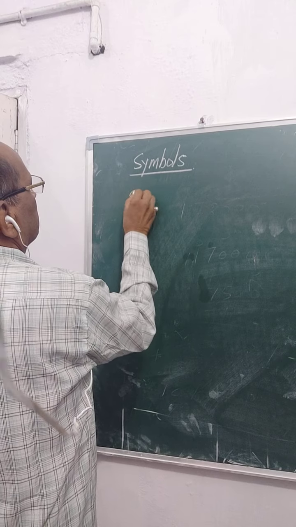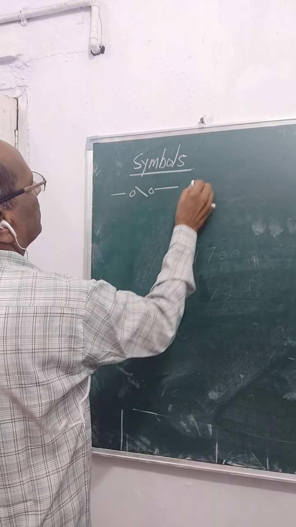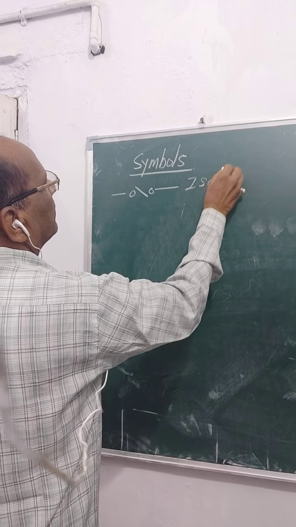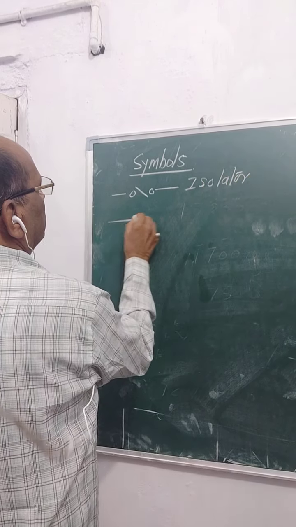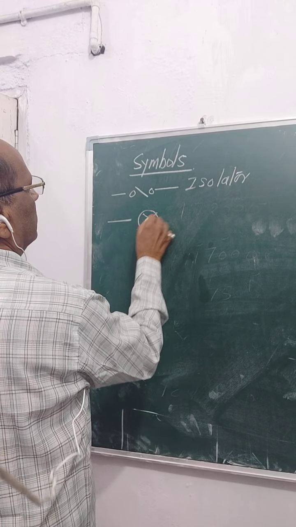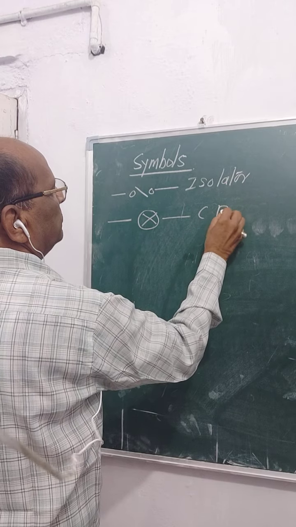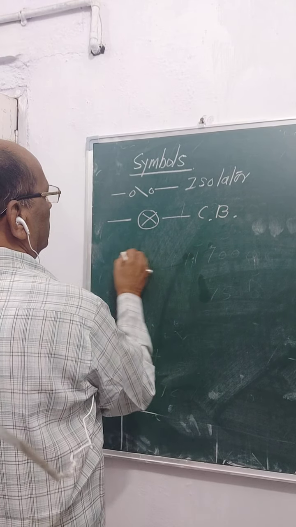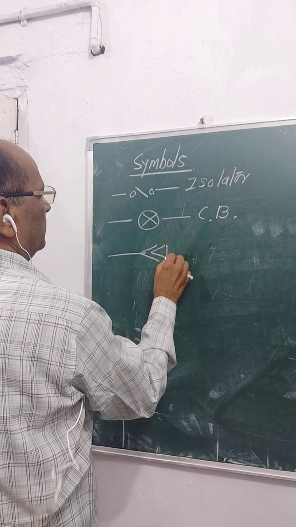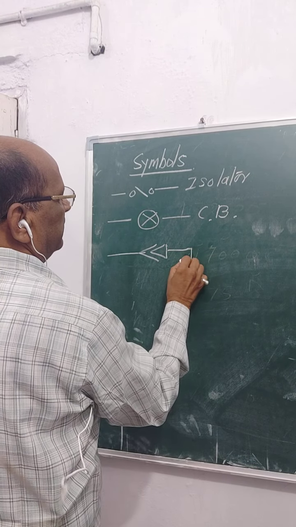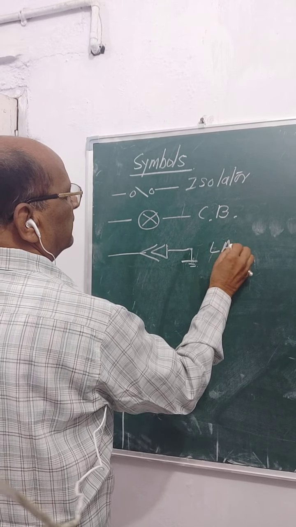So here this is an isolator. This is a circuit breaker, CB. This is a lightning arrestor, LA.